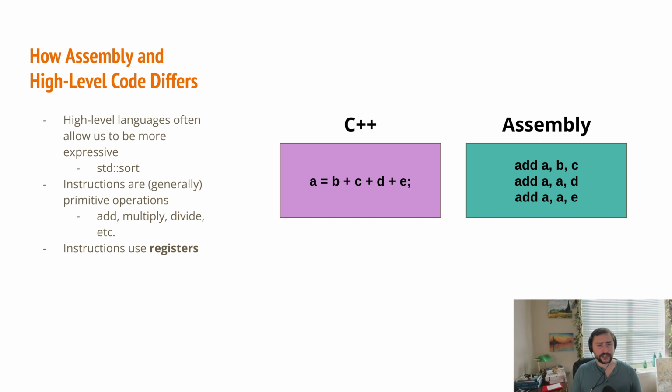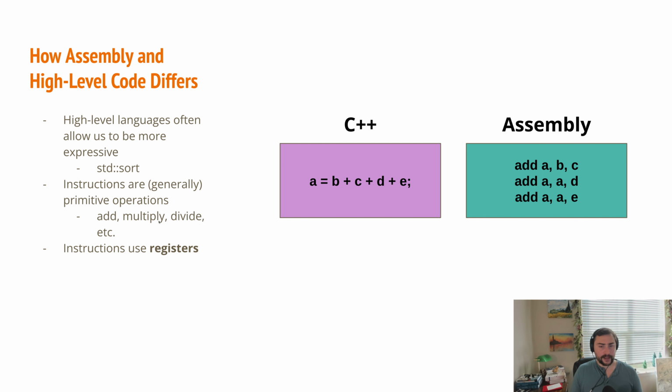Our instructions are generally primitive operations by comparison, so just things like add, multiply, divide, things like branches and comparison operators. Even though we have these primitive operations, compared to high-level languages, we can still synthesize something like a sort out of just primitive operations.